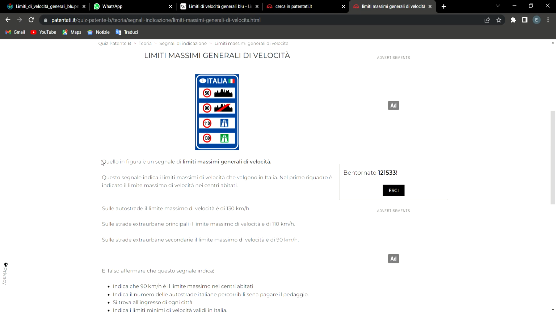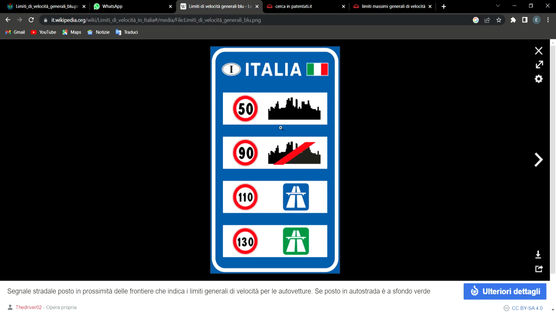It says: è quello in figura è un segnale di limiti massimi generali di velocità. So it's simply saying that this very symbol is a sign which tells you the maximum speed you are permitted or allowed to drive on any road here in Italy.